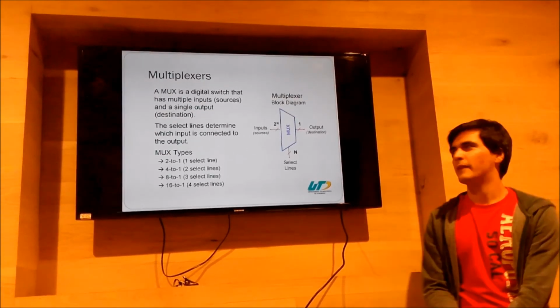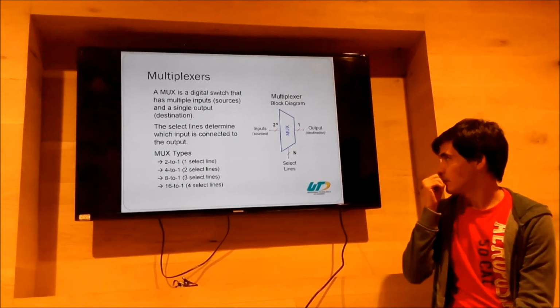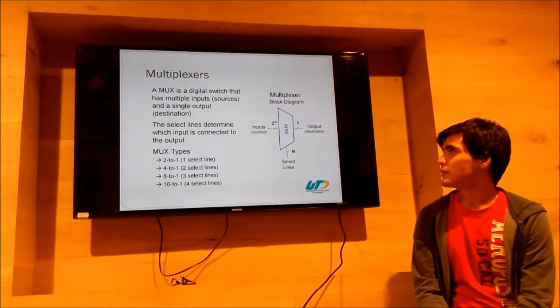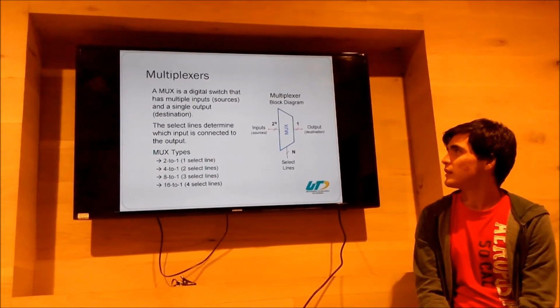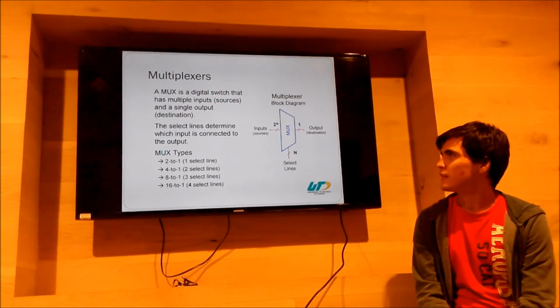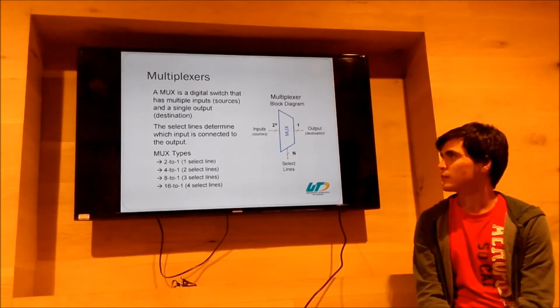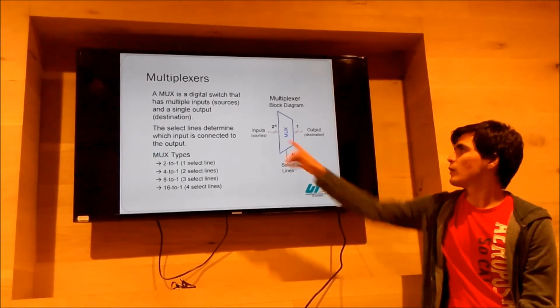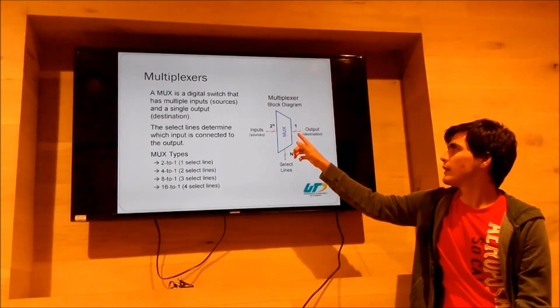Here we have a drawing of a multiplexer. A multiplexer is a digital switch that has multiple inputs and a single output. The select lines determine which input is connected to the output. Here we have the inputs and the output.